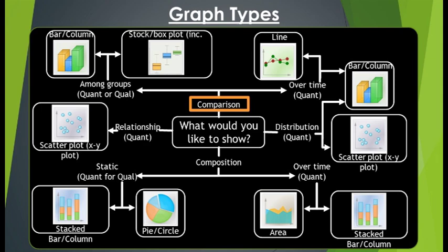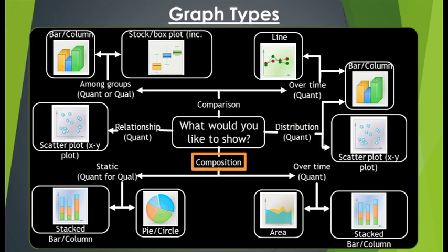Over time is inherently quantitative since time, the x-axis, is numerical, and you can view it with either a line or a bar graph. For example, how does the average rainfall change by month in New Mexico compared to Florida? To look at the distribution of values, you can do either a column graph or scatter plot. For example, number of people each year to use social media.